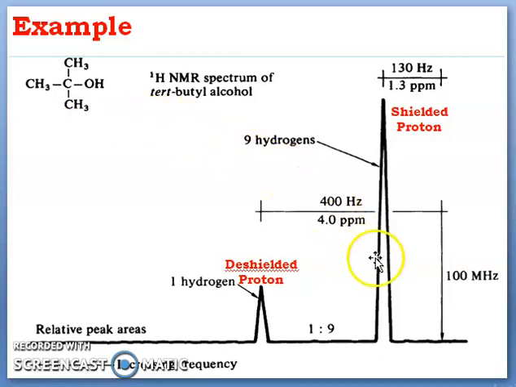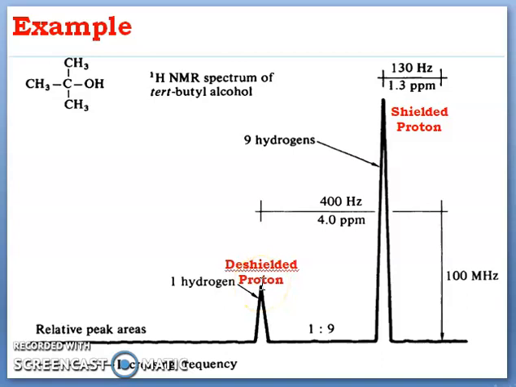So the 9 protons of the methyl come very close to 100 MHz, that is, shielded protons, whereas the proton connected to oxygen, which is electronegative, has its electrons attracted towards the oxygen. Thereby the proton of the hydroxyl is deshielded.